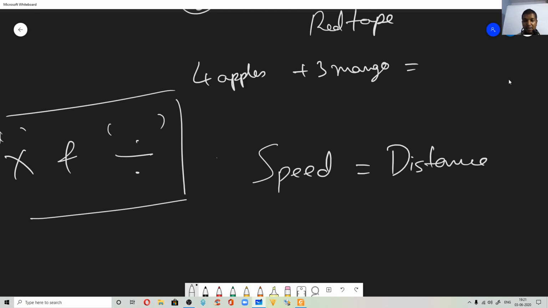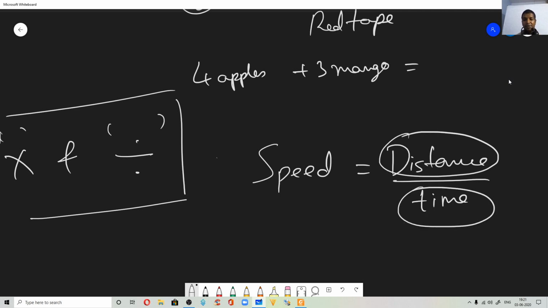Distance is actually a scalar, and time is also a scalar, so you don't have to specify any directions for distance and time. Displacement, however, will always point from the initial point to the final point. We will just draw a straight line from the initial point to the final point.